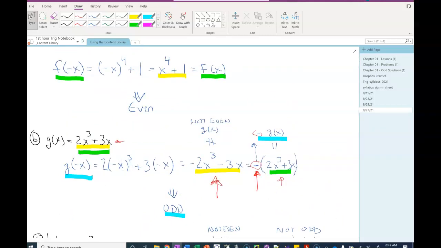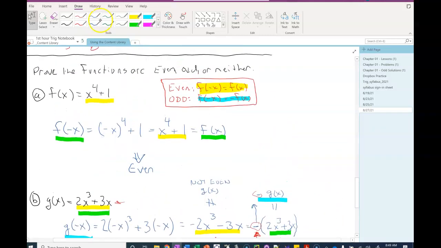So if I go back and I look at these, each of these were polynomial functions, right? The degree for x to the fourth is even. The degree is 4, right? The degree is the sum of the exponents on the variables. In this case, that's 4. There's just one exponent on one variable. What's the degree of 1?